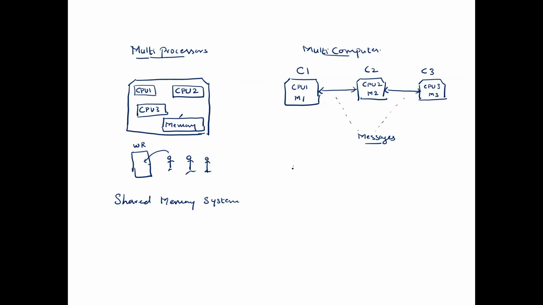Such types of systems, we call message passing systems. In objective questions, they will ask: multi-computers are also known as shared memory system, message passing system, reduced instruction system, right? So none of these; multi-computers are also called message passing systems.